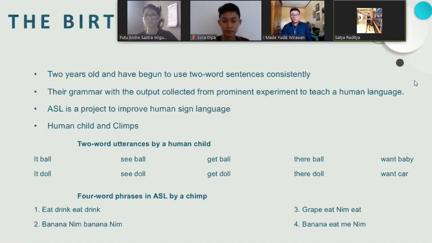Here, examples of two-word utterances by a human child are like "it ball," "their ball," "one maybe." And then the examples of Chim, who used phrases in ASL, are like "it drink," "banana name," like that.